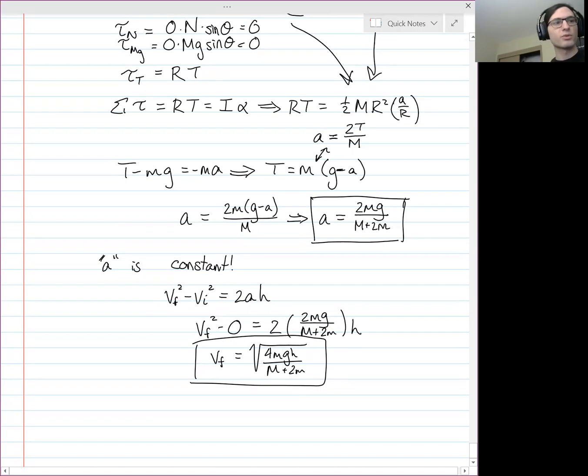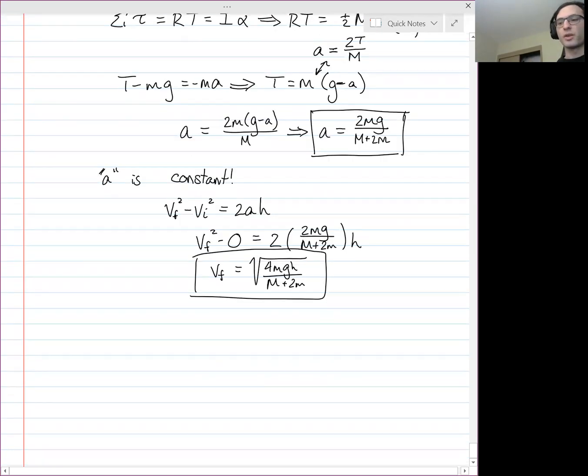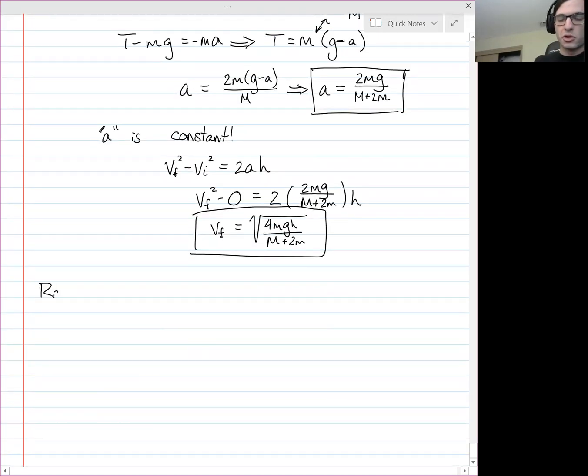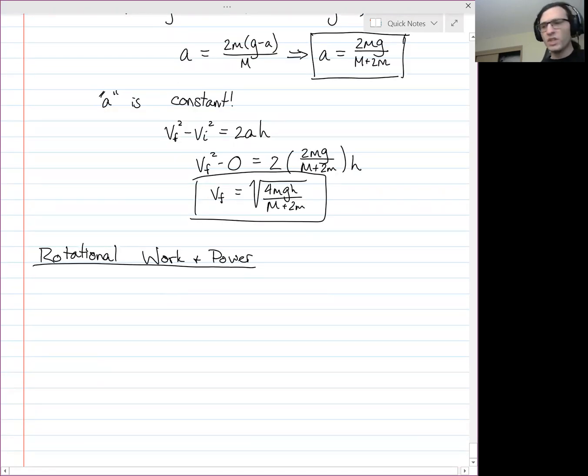We're just going to take a quick detour now that we have torque introduced, before we continue on with static equilibrium. So let's talk about rotational work and power. Remember that for translational work, the formula looks something like this.